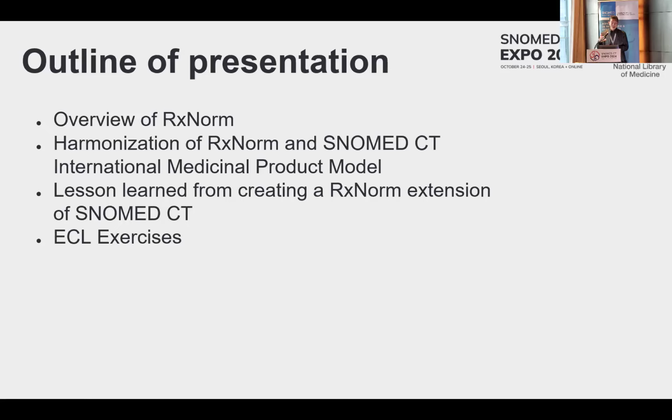And then Rob will tell you in a lot more detail about the lessons learned in this experiment that we try to use description logic methods to create an OWL version of RxNorm, which we call the RxNorm extension of SNOMED CT.